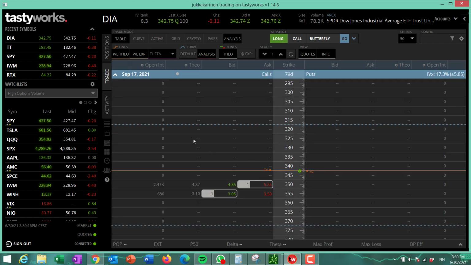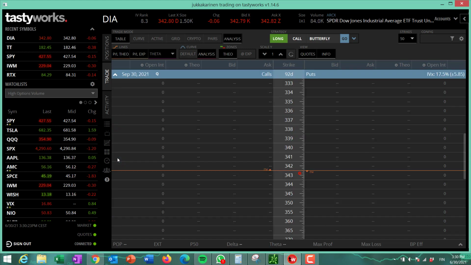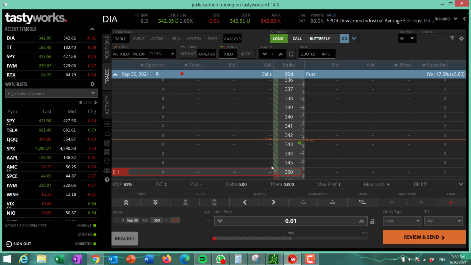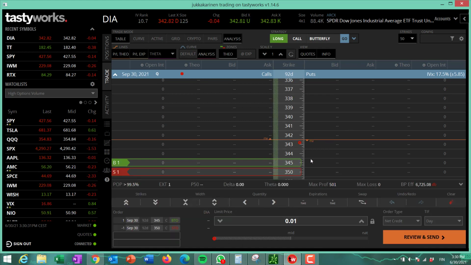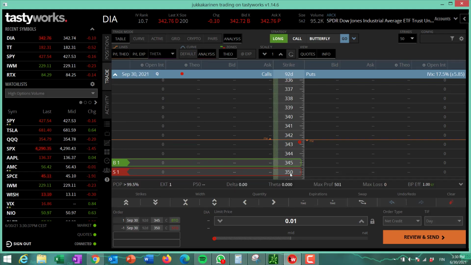And okay, I've got a trade open here, so I don't want to play with these numbers. There may not be any liquidity here, but what I could do is basically sell that and buy this. As the target is 350, and it usually takes no more than 77 days to reach that, after 92 days I should very easily have reached the 350 price, and that would make this go to max profit.